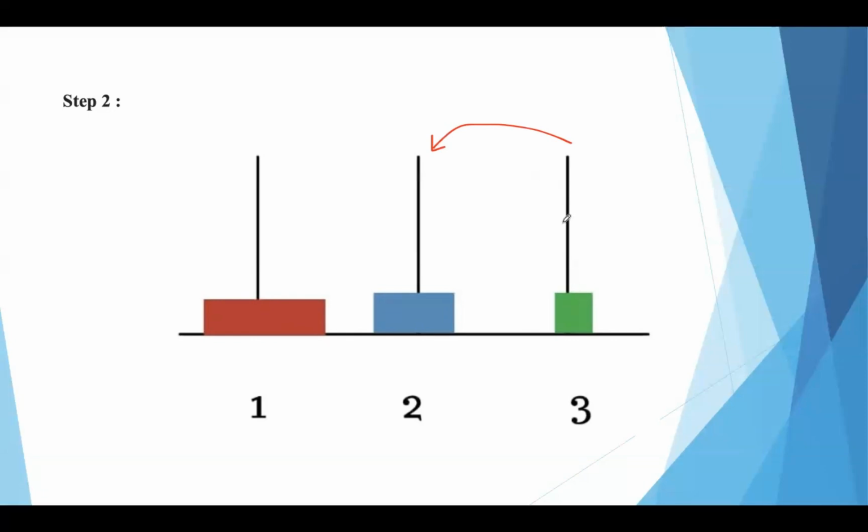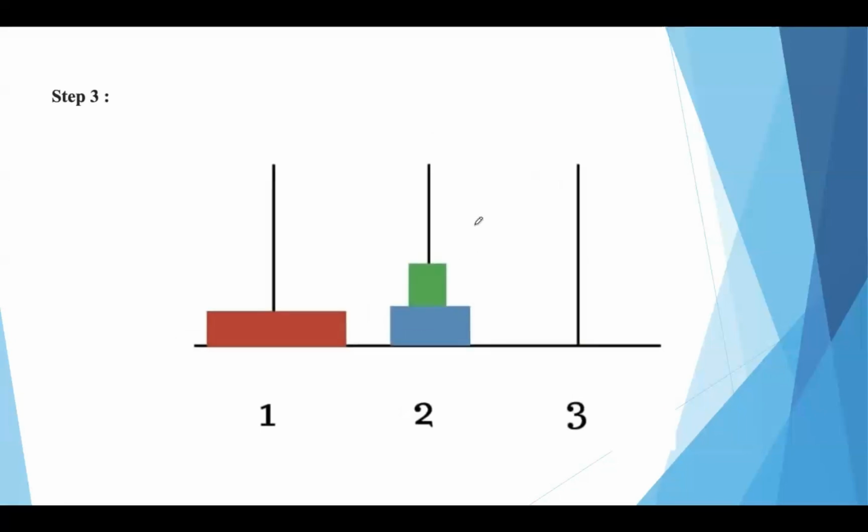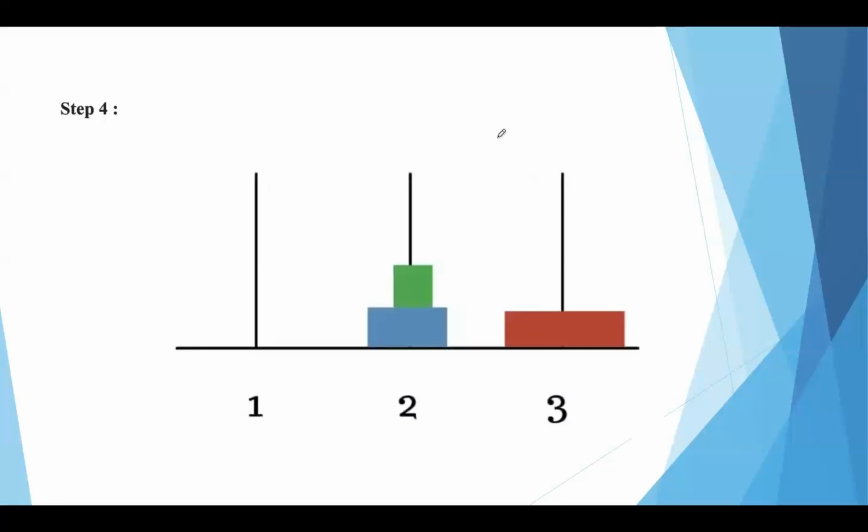So for that we are moving the smallest green disc back onto the top of rod 2. After doing that, this is the notation. Now rod 3 is empty, right? So you can directly shift the largest red disc from rod 1 to its destination, rod 3. This is the notation after doing this task.